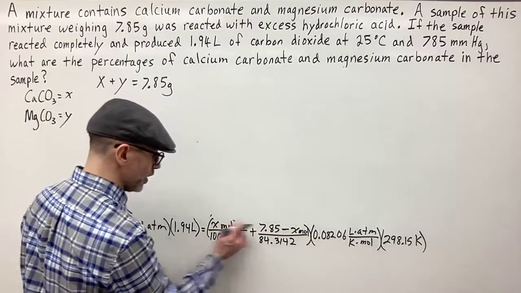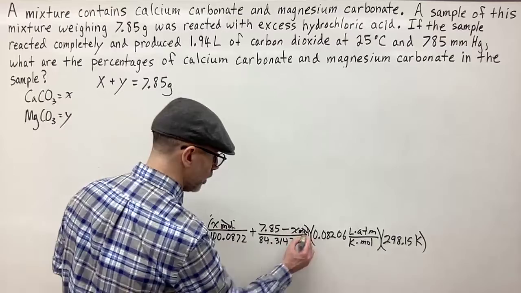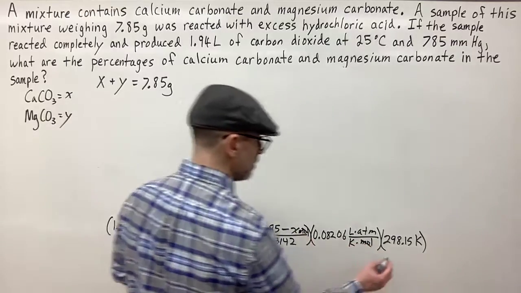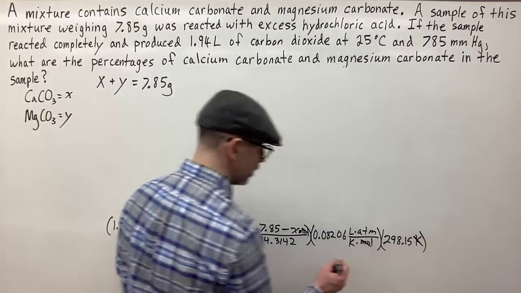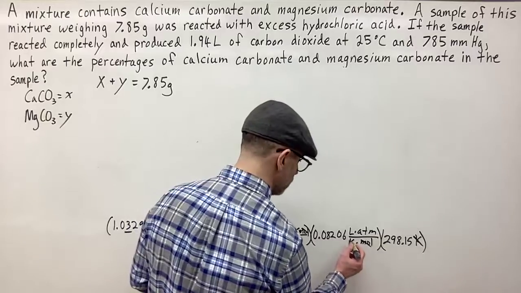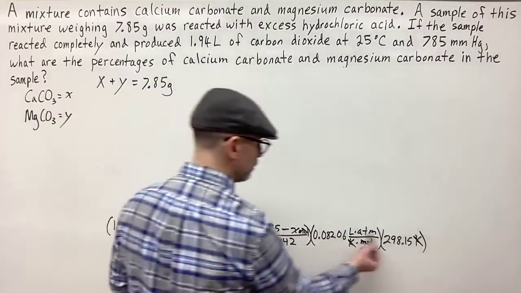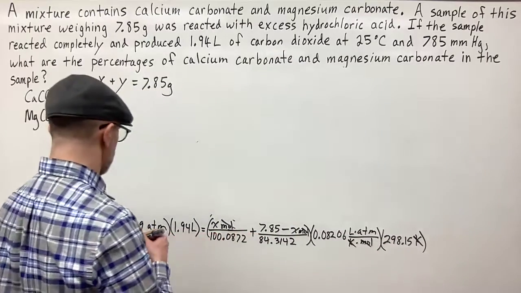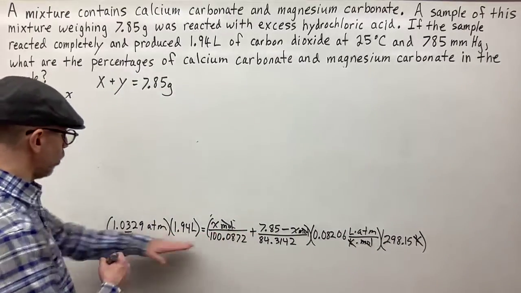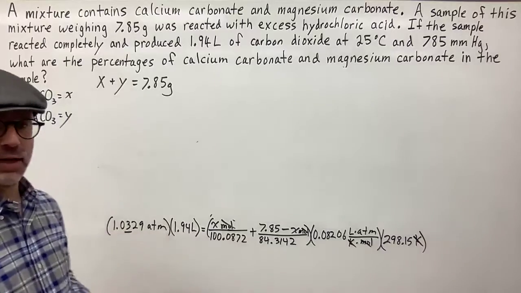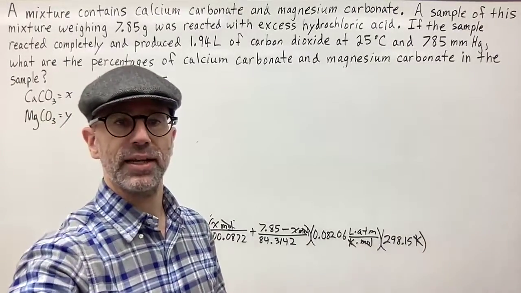So I have moles here, moles here. These moles are going to cancel out with moles here. And then Kelvin is going to cancel out with Kelvin here. And then we have liter atmospheres on this side. So I'm going to go ahead and multiply these two together.